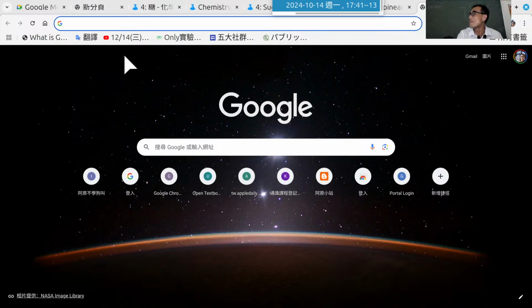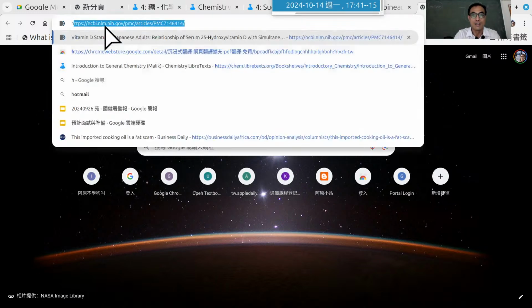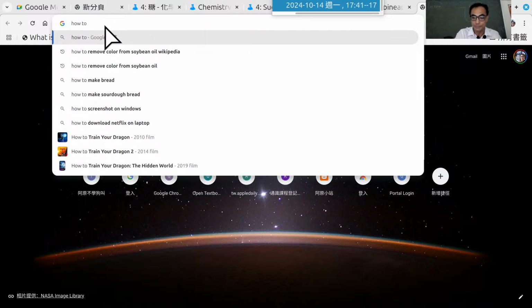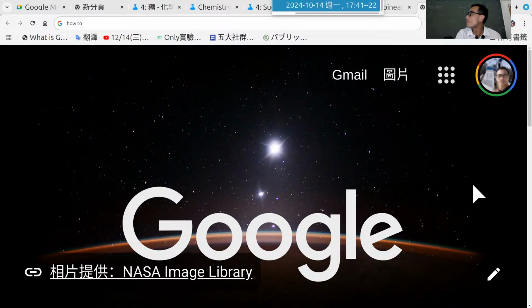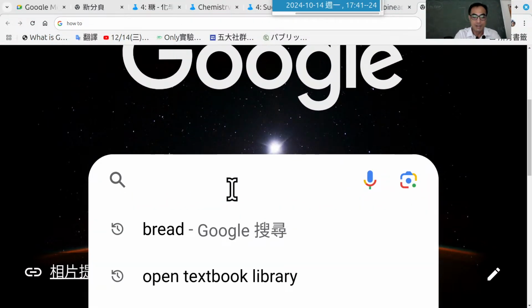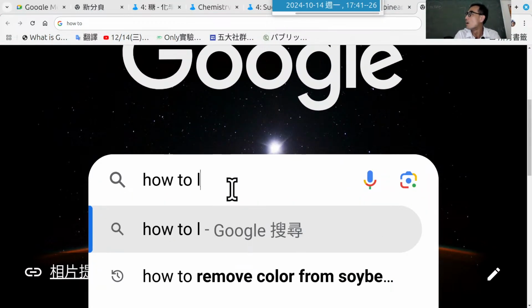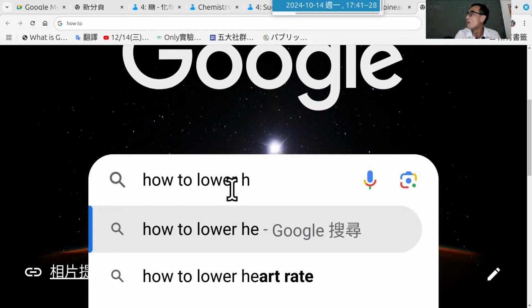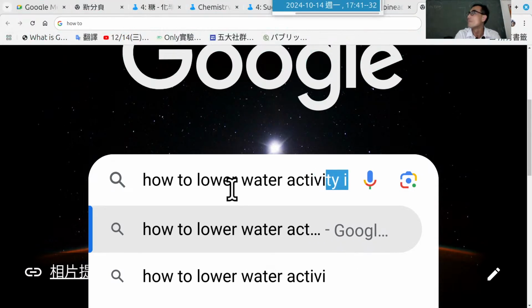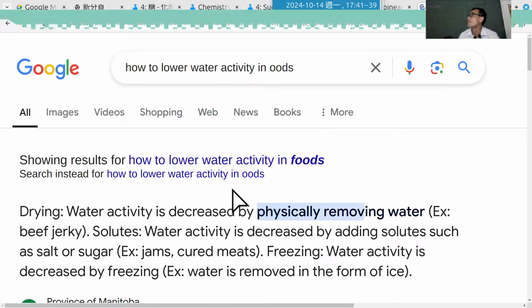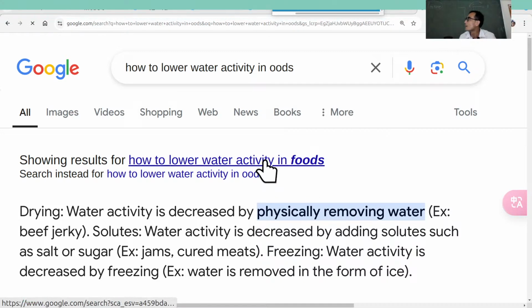Okay, let me type it. Here is the key term, water activity.